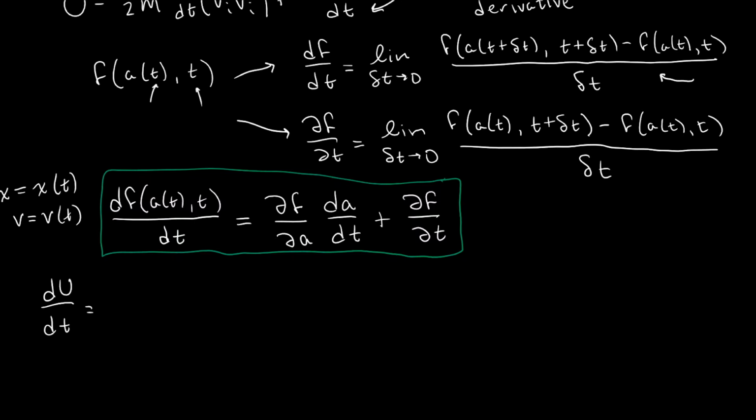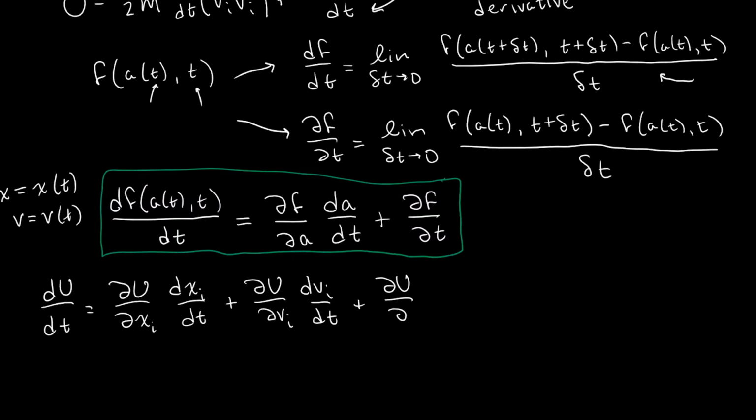So what I'll find is that this is equal to du dxi times dxi dt, plus du dvi times dvi dt, and then plus du dt.